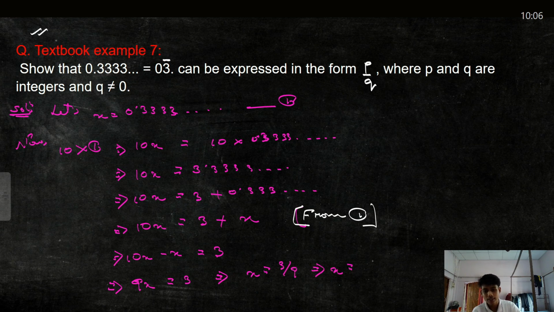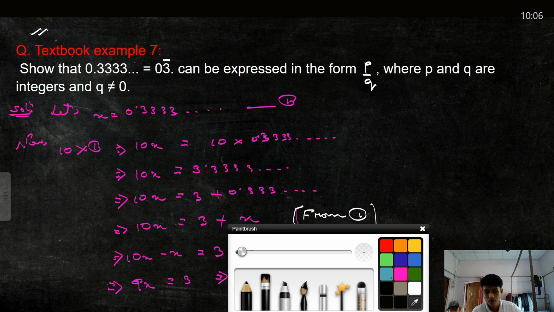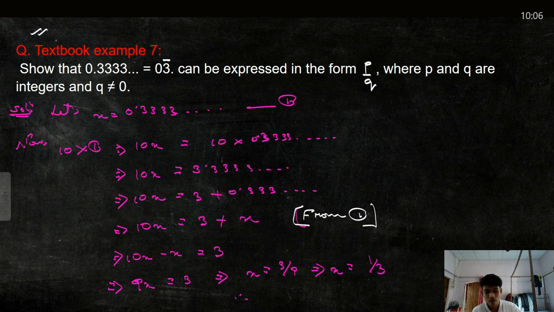That implies x is equal to 1 by 3. Therefore 0.3 bar can be expressed as 1 by 3.